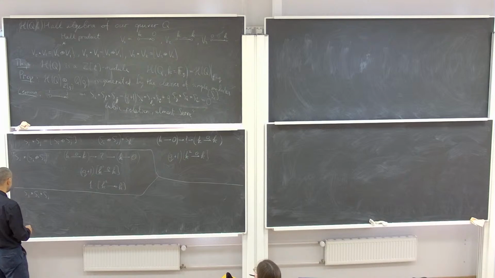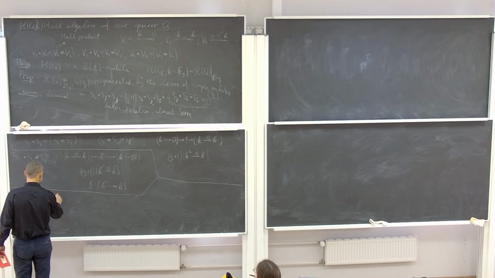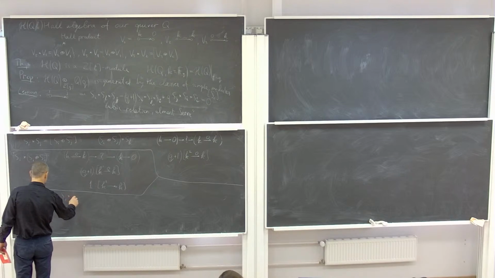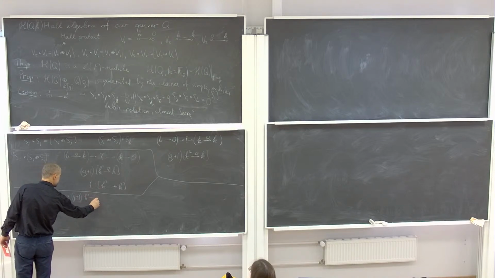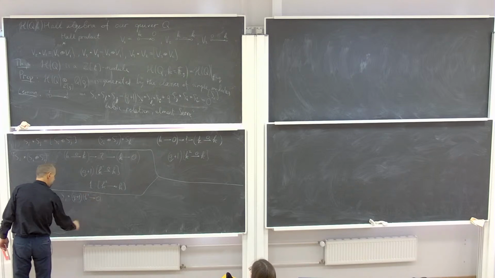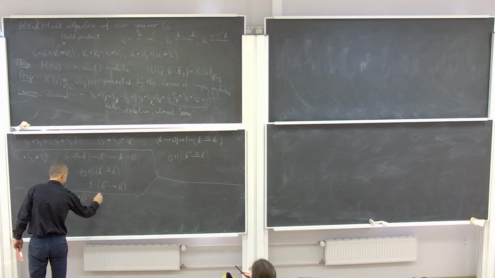So first, maybe Si times Si is just again q plus 1 times k squared to 0, the class of this.